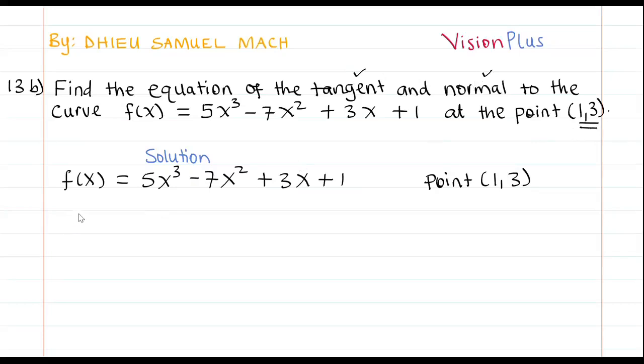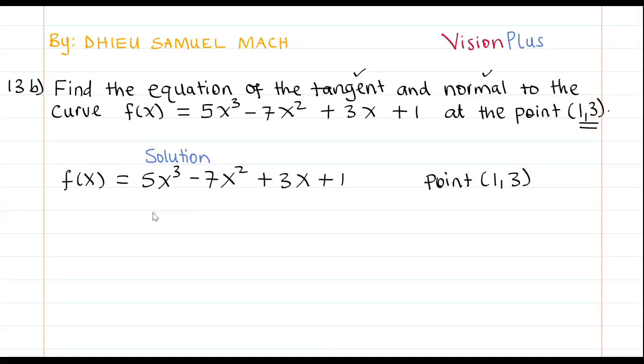Remember we said for us to get the equation of the tangent and the equation of the normal, we need to get the derivative of the curve, or the gradient function of the curve. So we differentiate the given equation of the curve such that we find the gradient function of the curve.